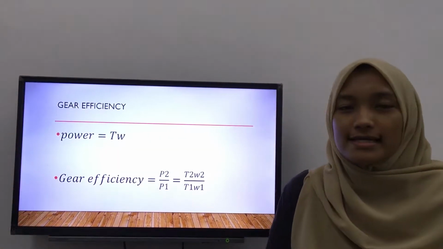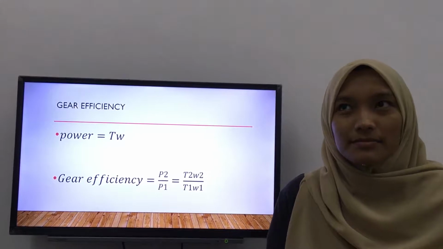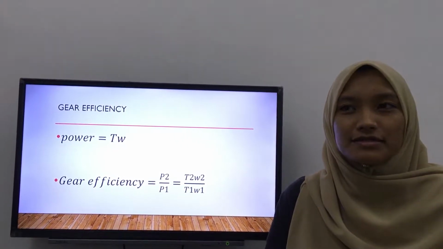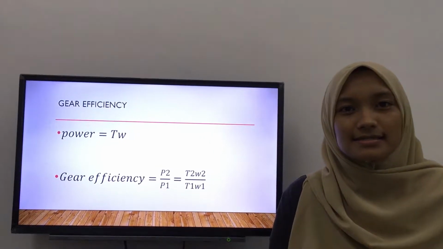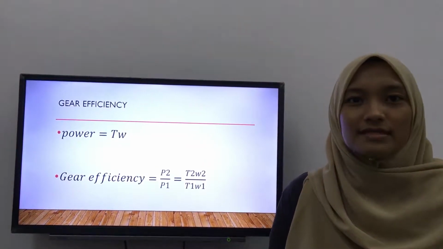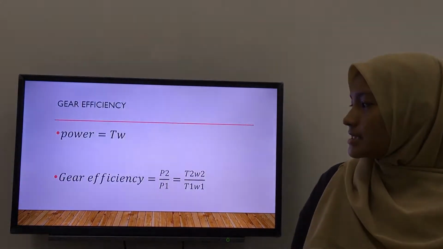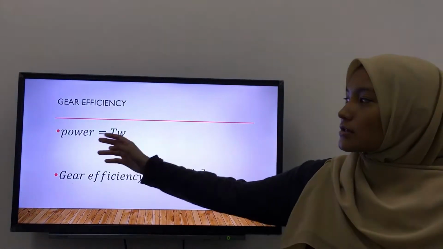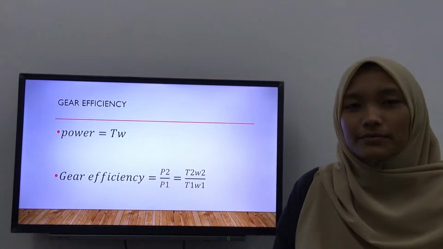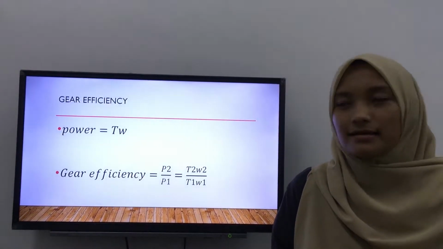P output is the power of the driven gear, while the power input is the power of the driver gear. The formula for power is torque multiplied by omega, which is the speed.